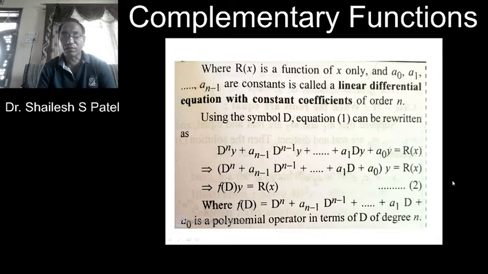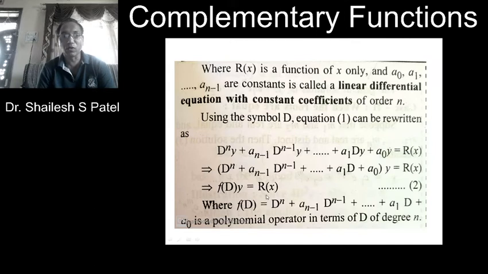The solution of this equation, by taking r(x) equal to 0, we will call complementary function or homogeneous solution. And in the next part we need to solve the same equation by considering r(x) as it is. That means we will write y equal to 1 upon f(D) r(x), and then we will solve.